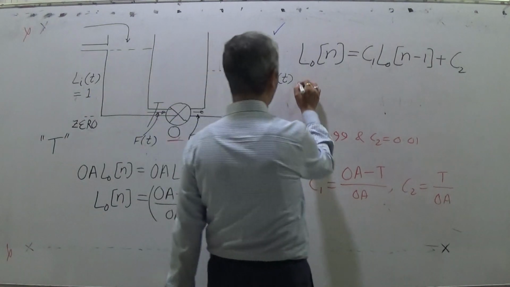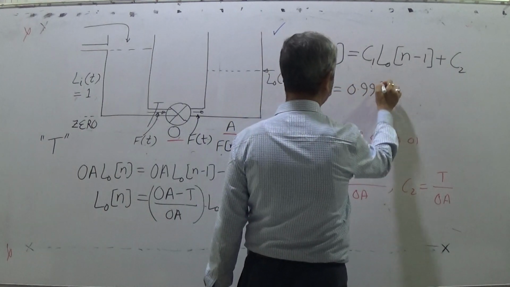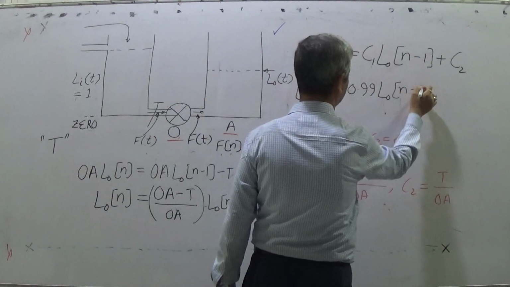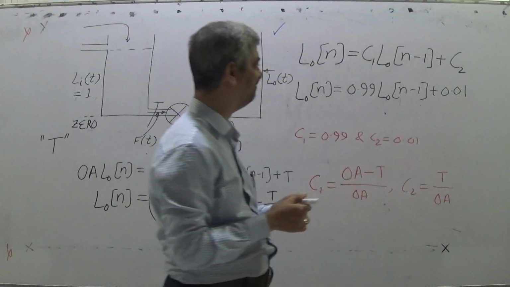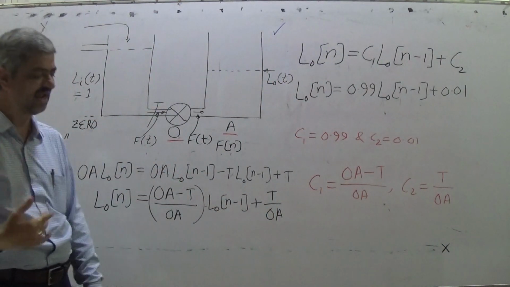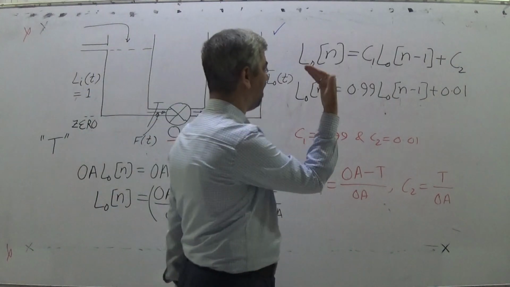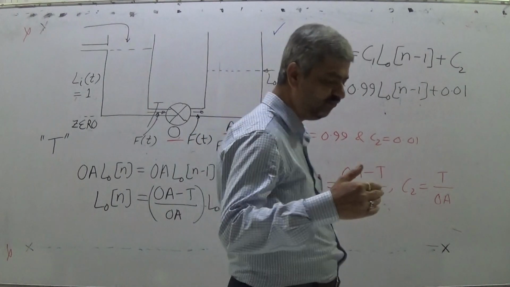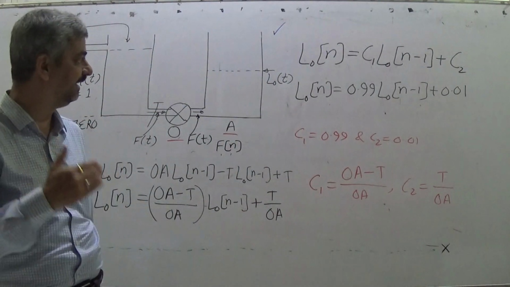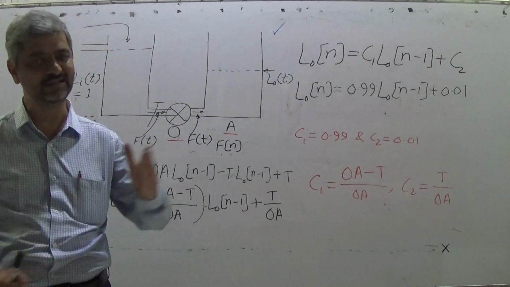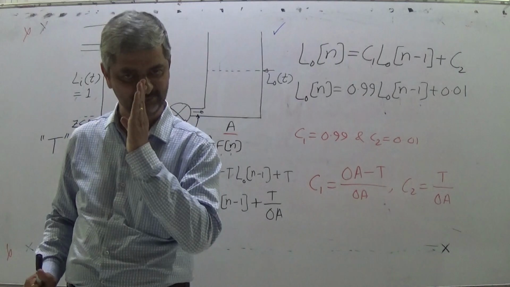So what is LON? LON is equal to 0.99 times previous level plus 0.01. This is something which is quite interesting, and it is now a high school level equation. You can start with LO0 is 0, LO minus 1, LO minus 2 have no meaning, they are always 0 because we start counting from 0.